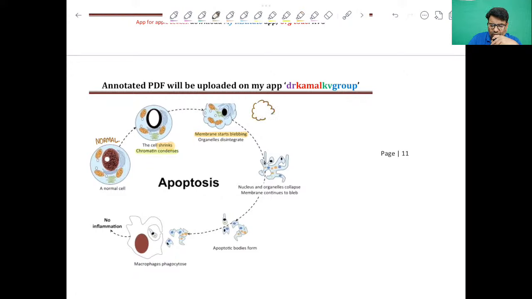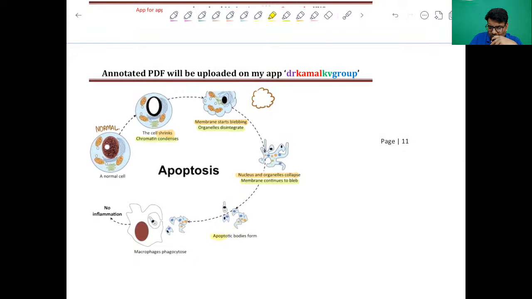So it will form cytoplasmic blebs. There is disintegration of the cellular organelles, and finally the nucleus and organelles will collapse, but the membrane will continue to bleb, and finally the different apoptotic bodies will separate out.